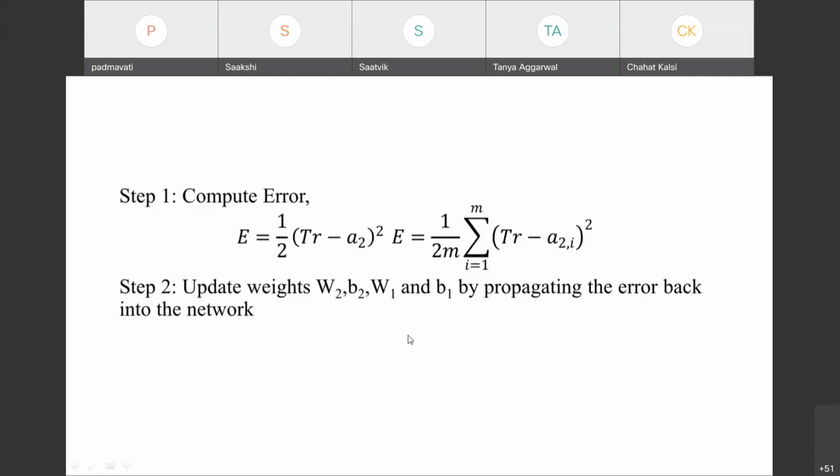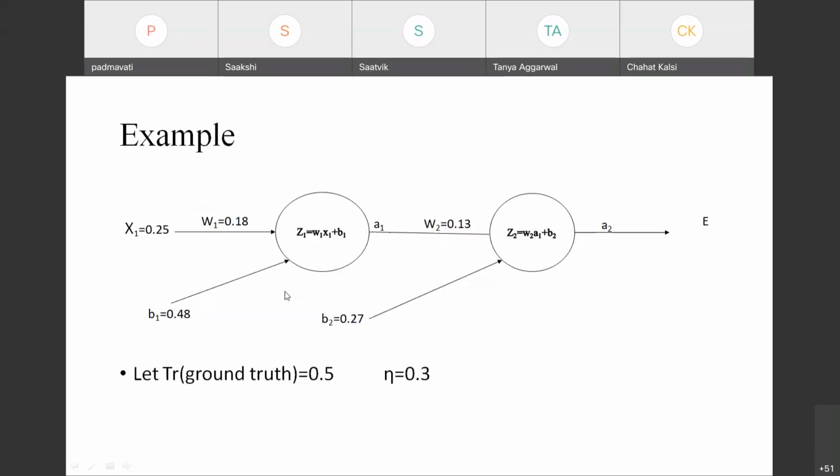This means, with this particular, okay, I may have this slide. Once we do forward propagation, we compute the predicted value. After computing the predicted value, I will check the error rate. If the error rate is too high or greater than the desired result, then I need to back propagate this error. This error needs to be back propagated throughout this entire network, so that I will be updating W2, B2, B1 and W1.